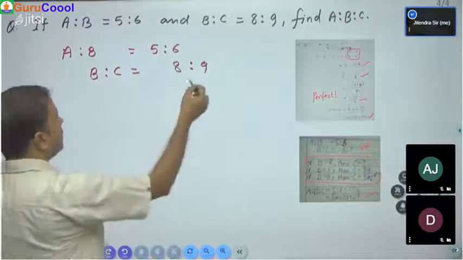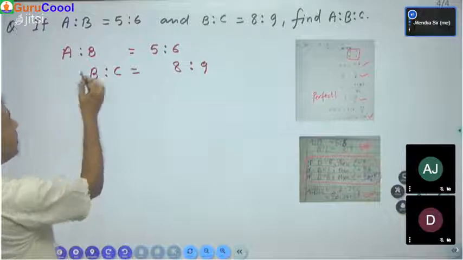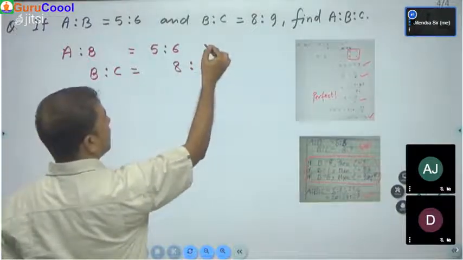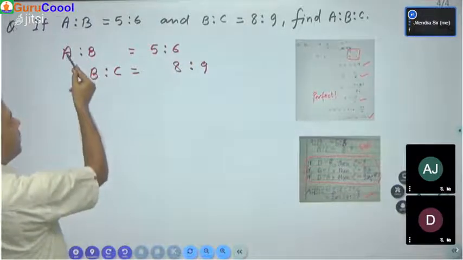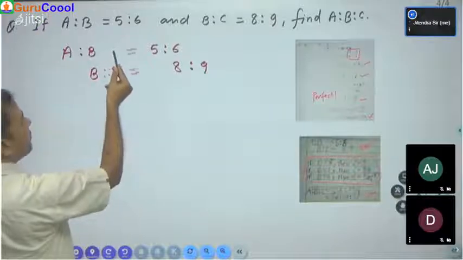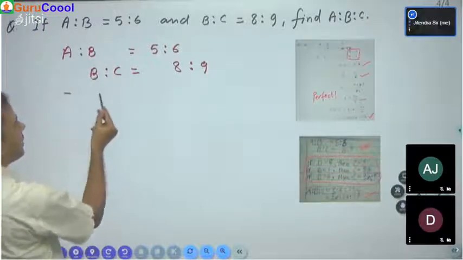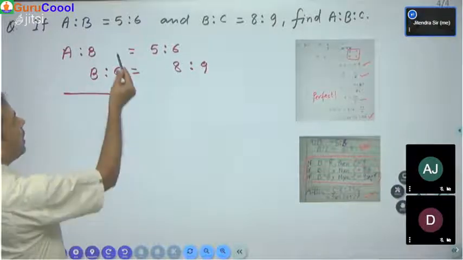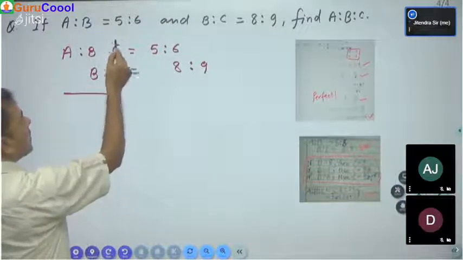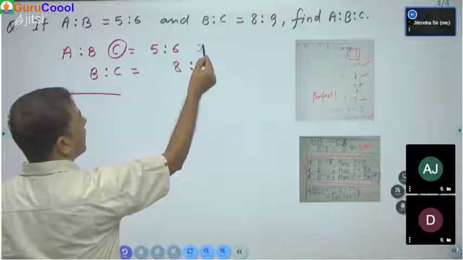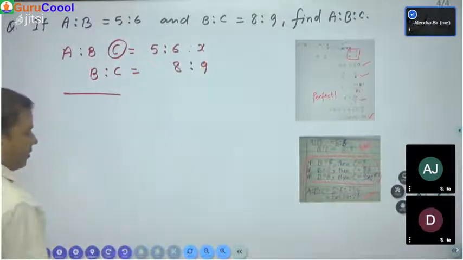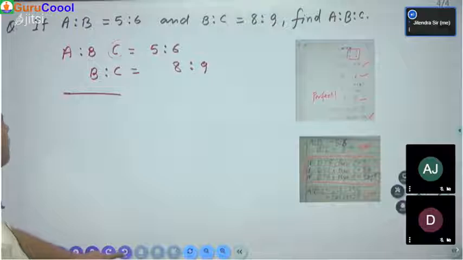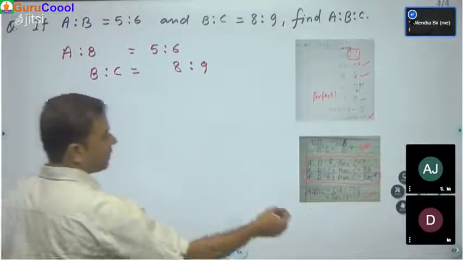So if you want to find A is to B is to C, you can put X here in this place. No need to write here. It is your choice. You can write in the next line also, or you can write C here itself and X in this place. So anyhow you can manage in this way. Okay, I am managing in this way.